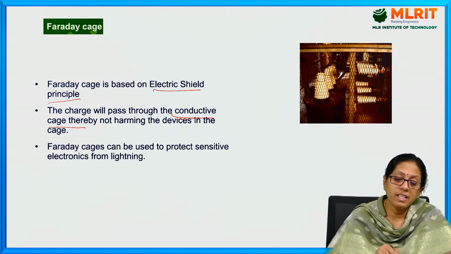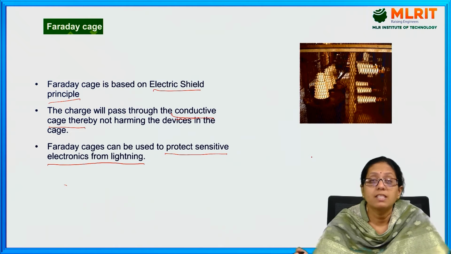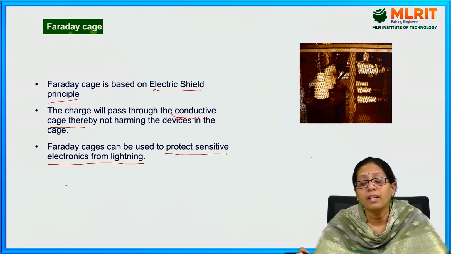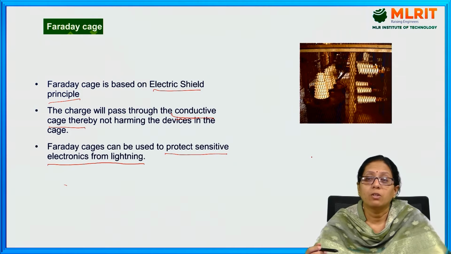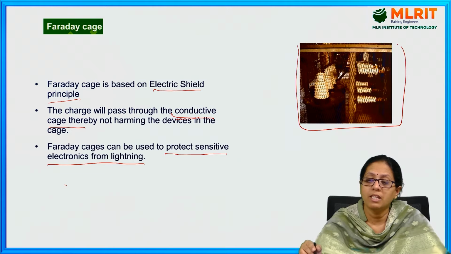The Faraday's cage can be used to protect sensitive electronics from the lightning. That means if any sensitive electronic devices are there, to protect those electronic devices, a cage type of material is used.